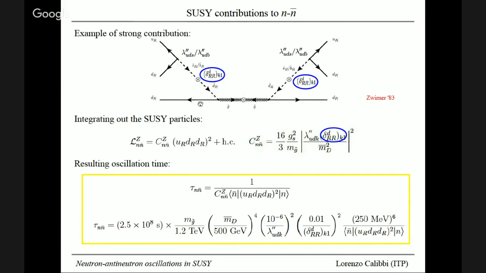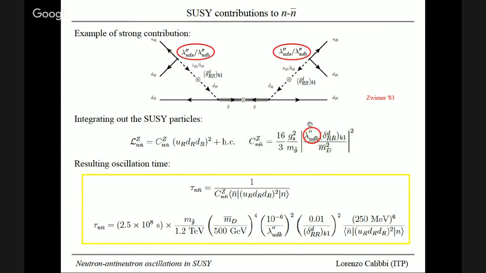And here we just exchange a gluino. So these are just SU3 gauge interactions. So in the end, we can integrate out the supersymmetric particles, which are of course much heavier than the energy scale of our process. We obtain this operator, and the coefficient of this operator can be written like this in terms of our high energy parameters.